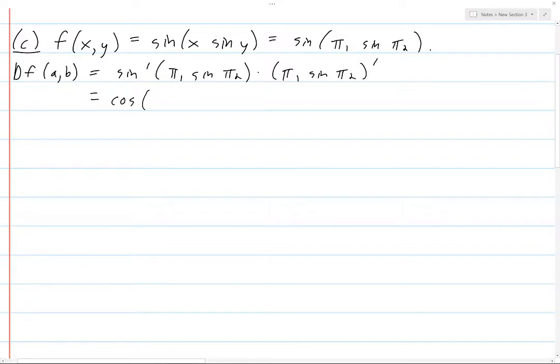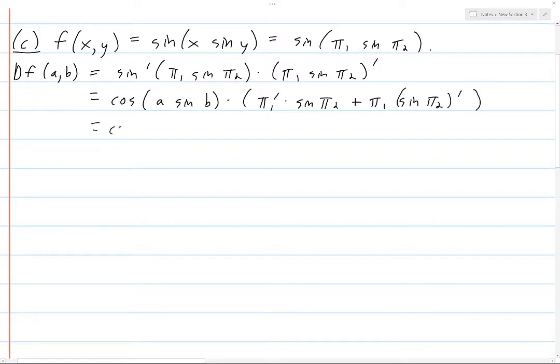Everything on the inside we can switch back to using variables instead of these projections, because we don't have to take any more derivatives. As for this other term, we have to use the product rule. So we take pi 1 prime times sine of pi 2 plus pi 1 times sine of pi 2 prime.